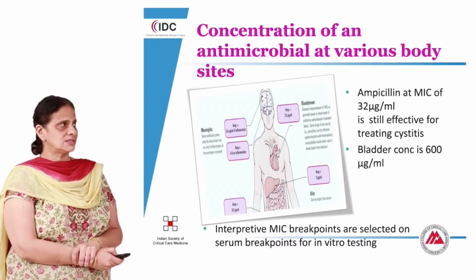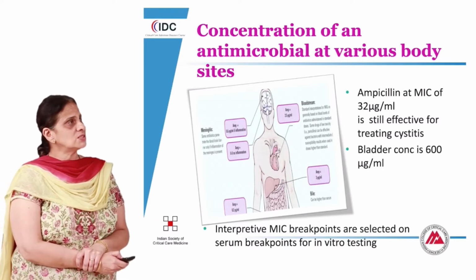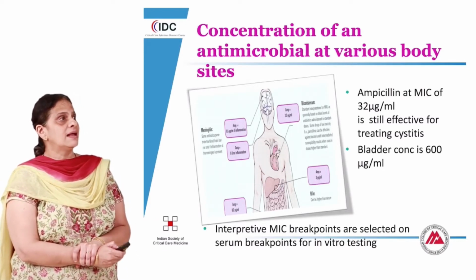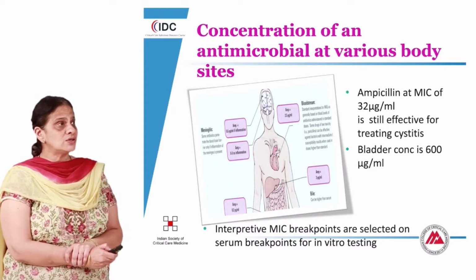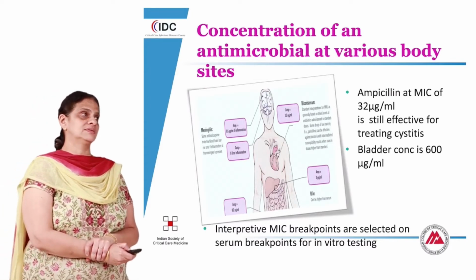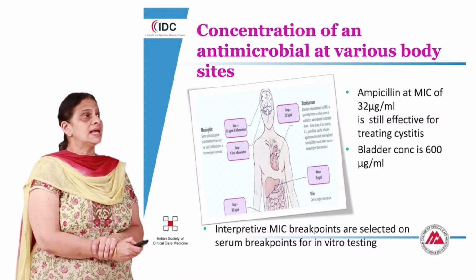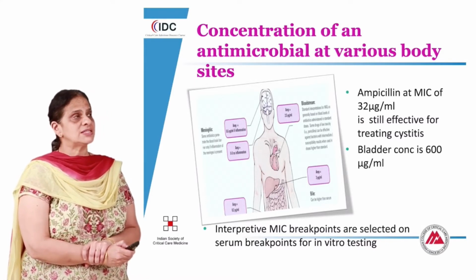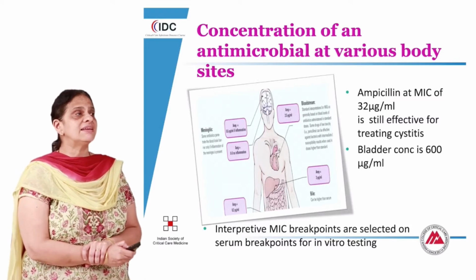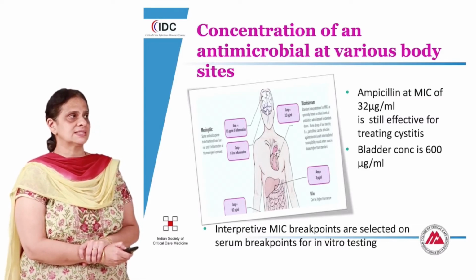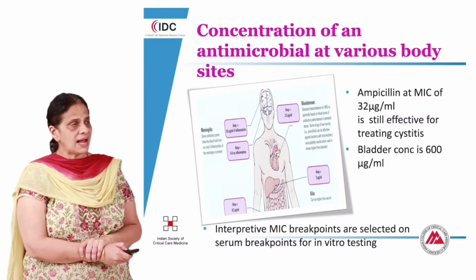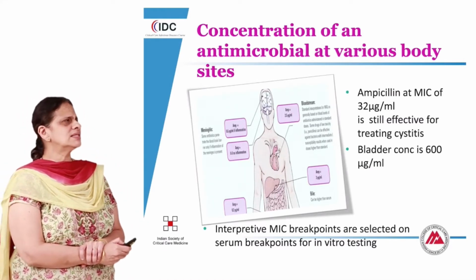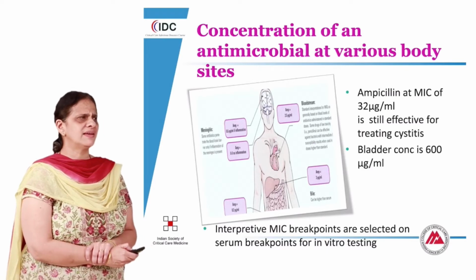Unfortunately, this world is not perfect, and this sort of shows you concentration of antimicrobials at various sites. Ampicillin at a standard dose achieves an MIC of 32 micrograms per mL. An MIC of 32 micrograms per mL is still effective for treating bacterial cystitis because the bladder concentration is 600, whereas if you look at the serum concentrations, they're just 2.5 in this situation.